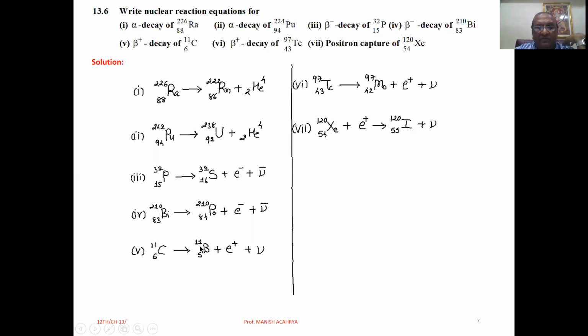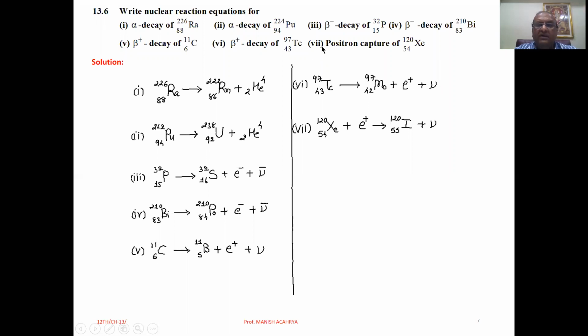So 5 B 11 plus positron, meaning beta plus, and with it a neutrino is emitted. Then 43 Tc 97. So here we'll get 42 Mo 97 plus positron, meaning beta plus, with it a neutrino.